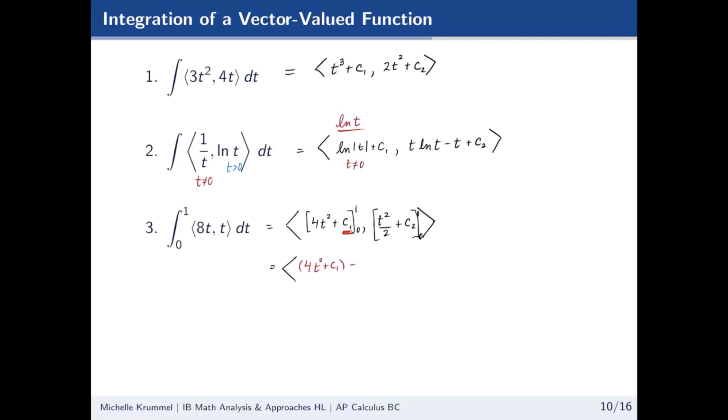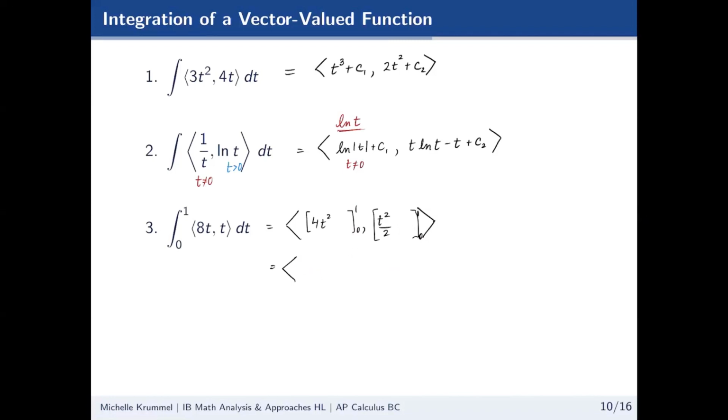That should be a minus. When I substitute in the 0, I'm going to have 0 plus c1, and the c1s are going to cancel out. And that's always going to happen. So you can get away with just not even writing the constant term there, if it's a definite integral only. Obviously, don't do that if it's an indefinite integral. But since it's a definite integral, we can ignore that constant there.